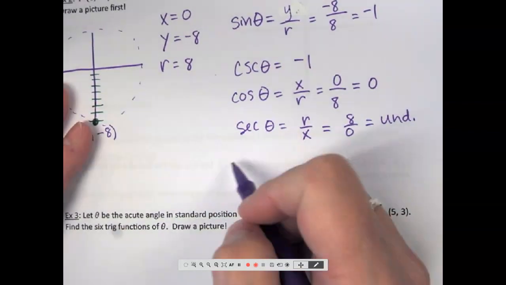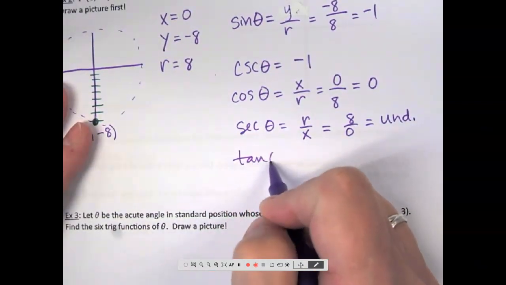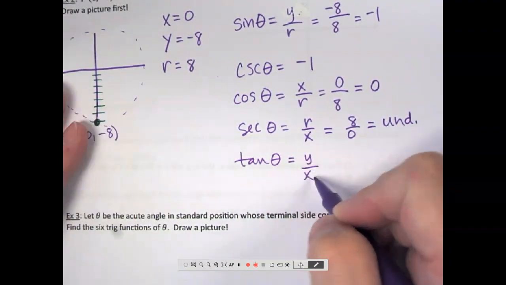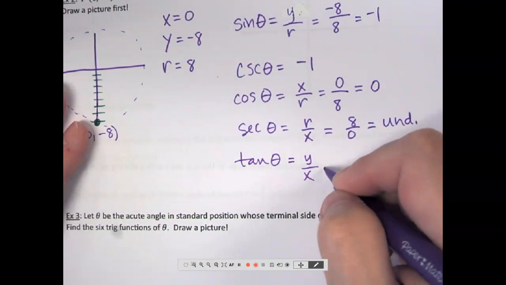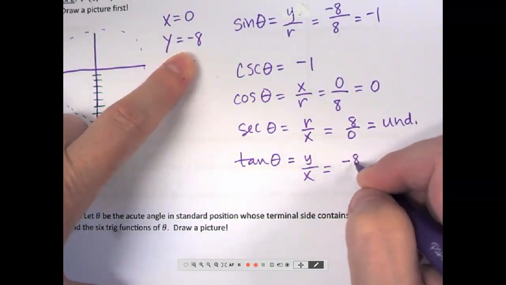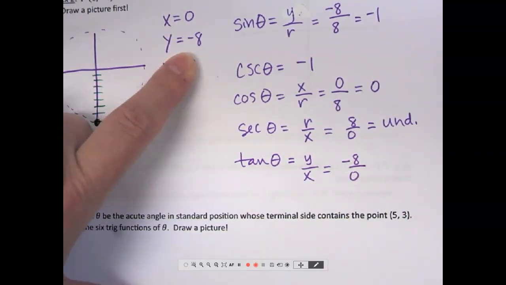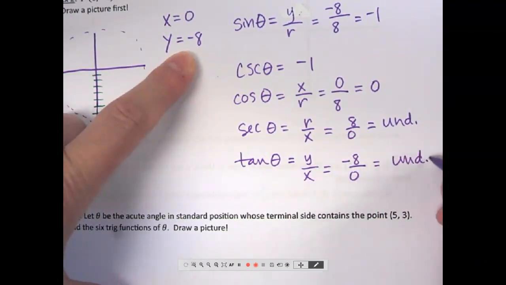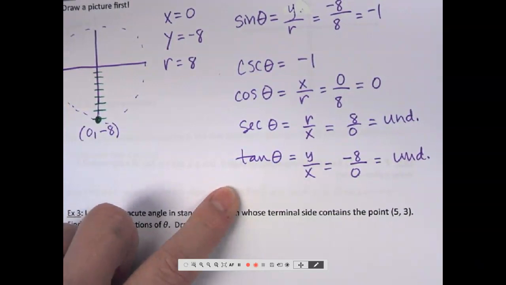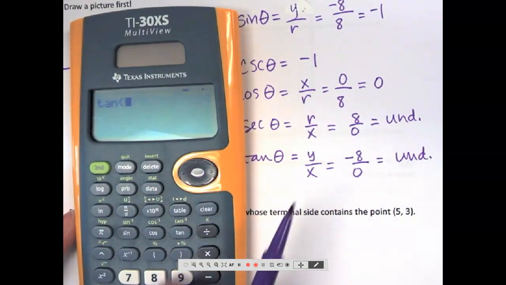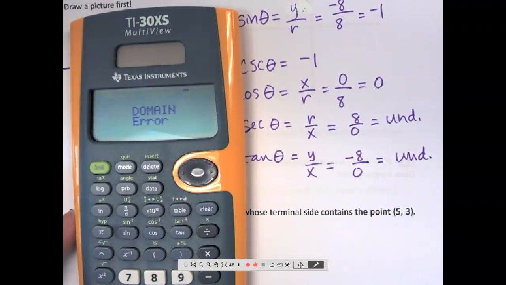Remember talking about that? Okay, tangent of this angle is y over x. The y coordinate was negative 8. X is 0. What's that? Another undefined. And let's just see what the calculator says if I want tangent of 270. Tangent 270, domain error.